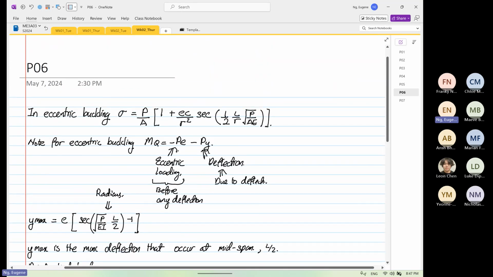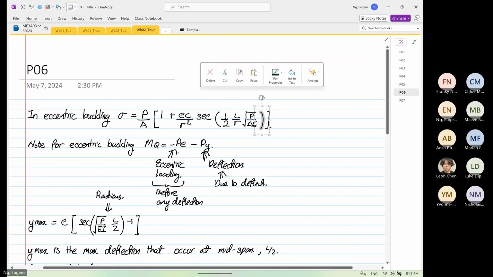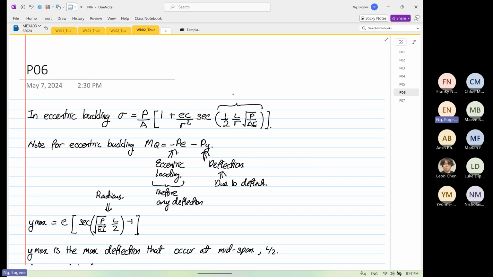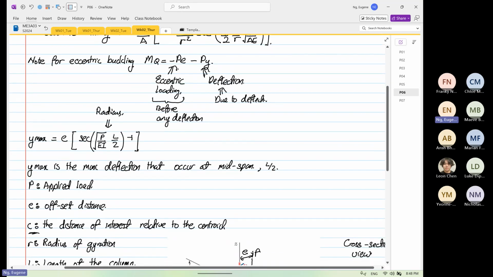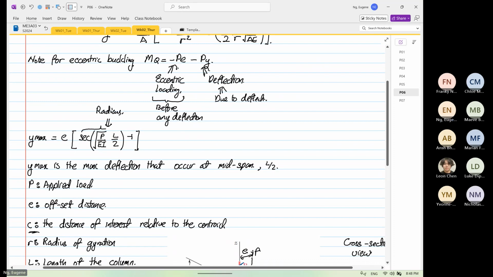A lot of times students make mistakes. You have to calculate them in radians, not just the secant, the whole thing over here is in radians. So make sure you put your calculator in radians mode.